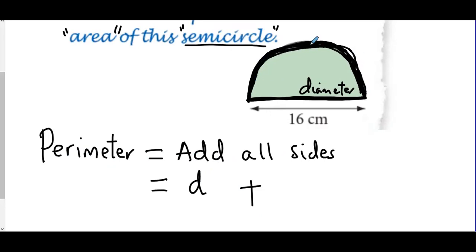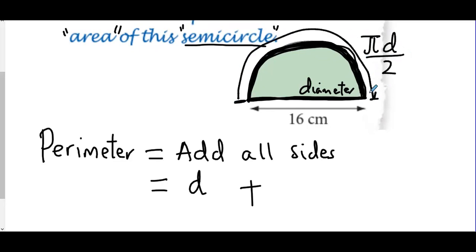How do we calculate the length of this circular side? Take pi d, the circumference of the whole circle, and divide the answer by 2, because this distance is half of a circle. So pi d divided by 2. That will be my formula.